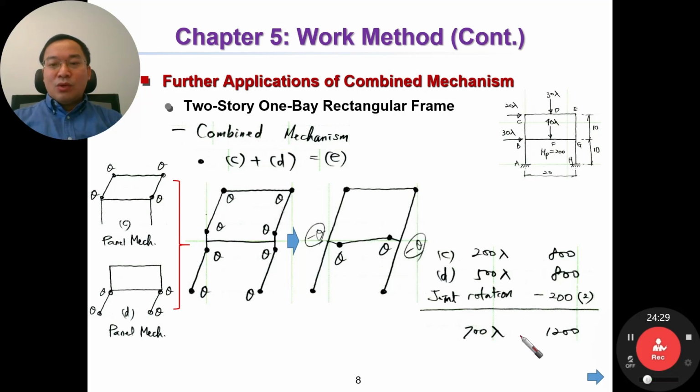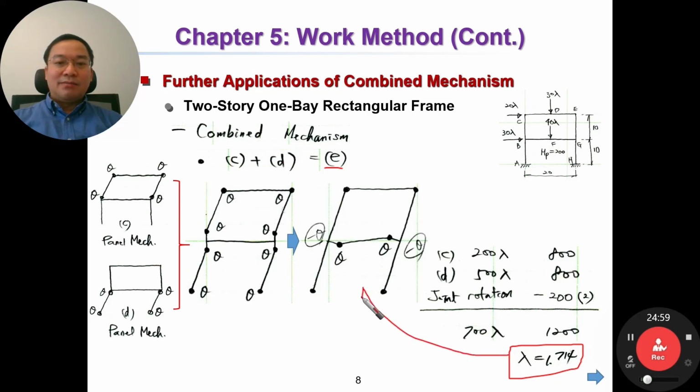Then this is for combined mechanism E. Then the solution now is lambda equal to 1.714. This is the solution of mechanism E, combined mechanism E. This is the combination between C and D. Okay, that is the solution of mechanism A.